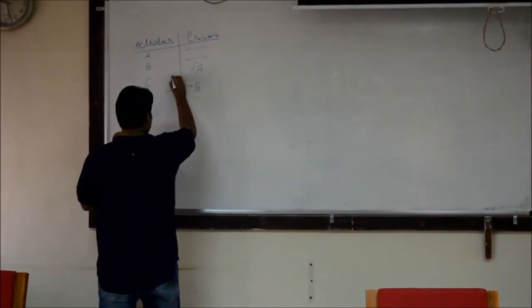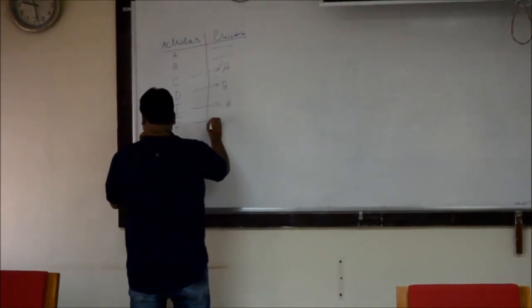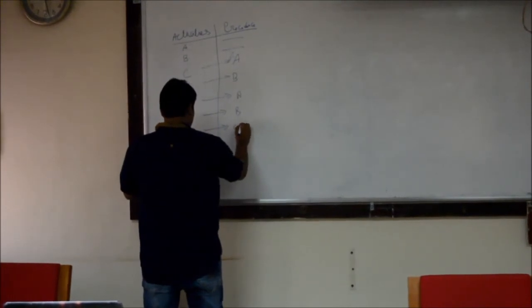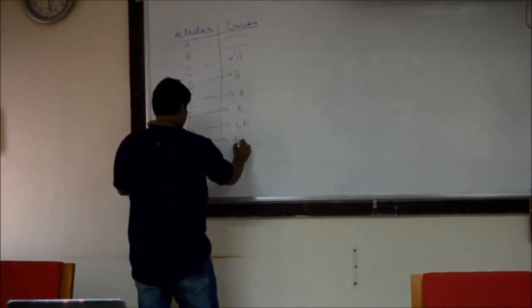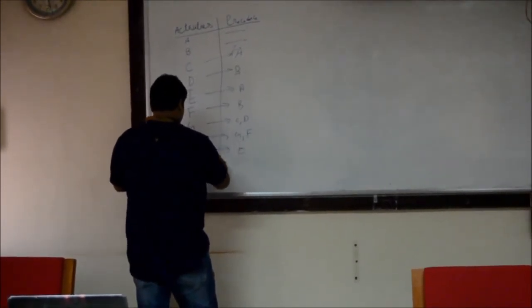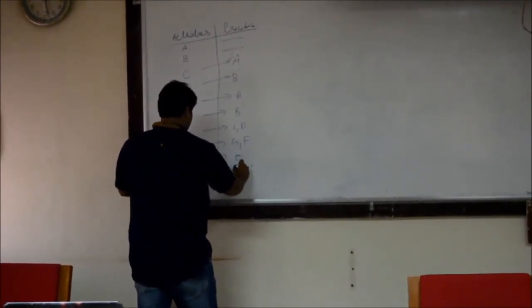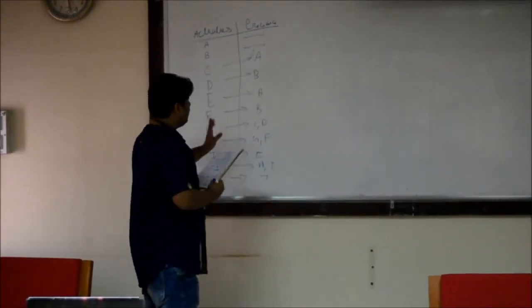E occurs when A is completed. F occurs when B is completed. G occurs when C and D both are completed. H occurs when G and F are completed. I occurs when E is completed. J occurs when H and I both are complete. Then K occurs when J is completed.